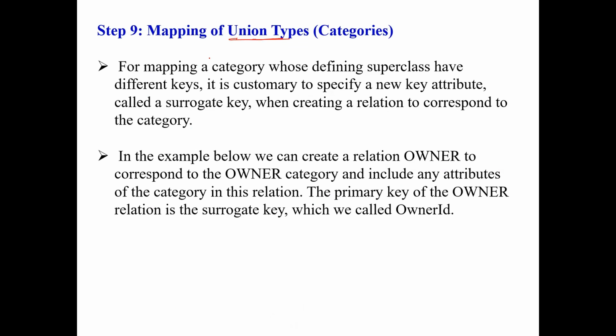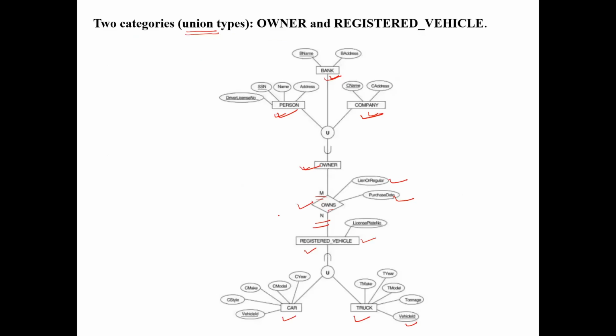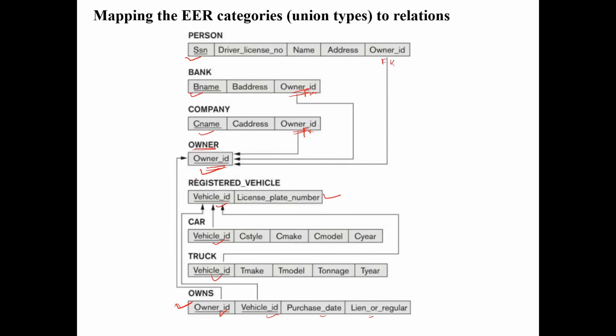So for mapping a category whose defining superclasses have different keys, it is customary to specify a new key attribute called a surrogate key when creating a relation to correspond to the category. In this example below, we can create a relation owner to correspond to the owner category and include any attributes of the category in this relation. The primary key of the owner relation is the surrogate key, which is called the owner ID.